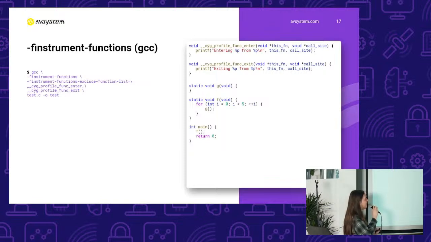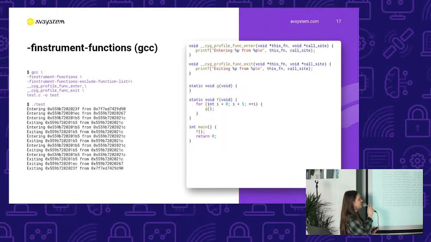Otherwise, we would have an infinite recursive loop. And when you do that, those functions are executed on every entry and exit from every function in your code, which can be a poor man's printf, automated printf debugging, basically.